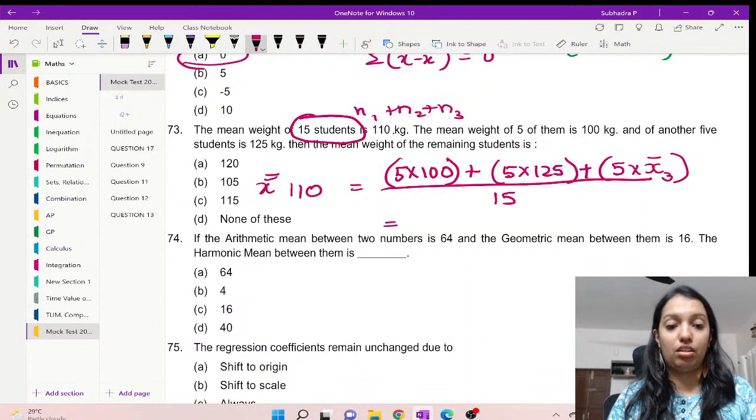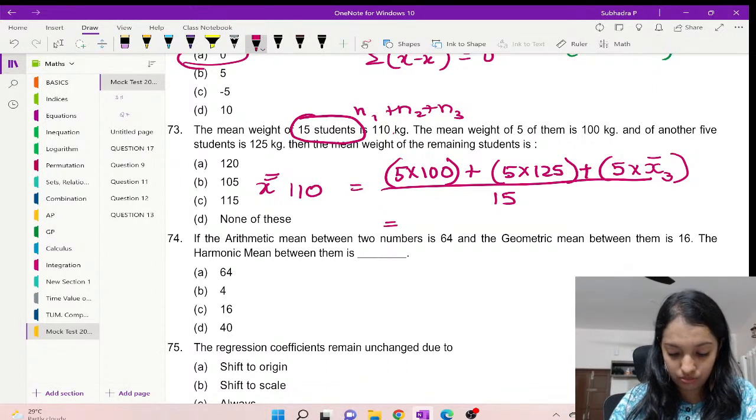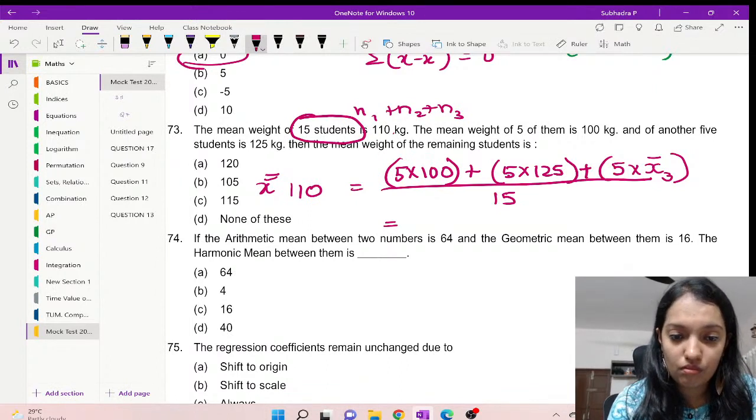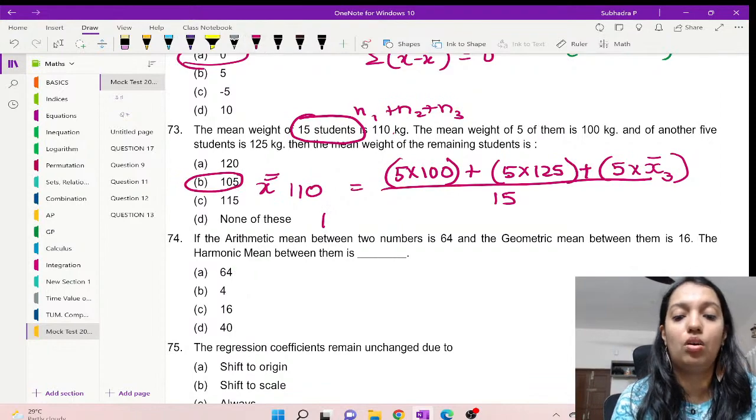Divided by 5, I am getting the answer. This is the 73rd question. So it is 105. Option B.